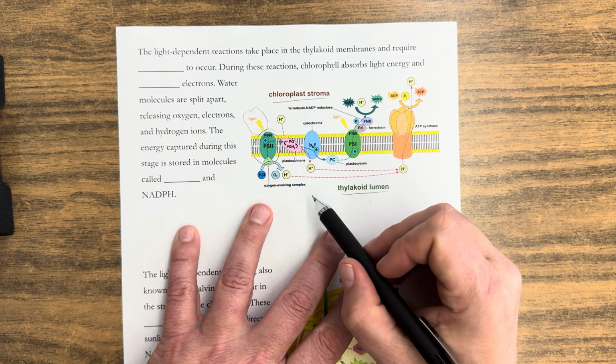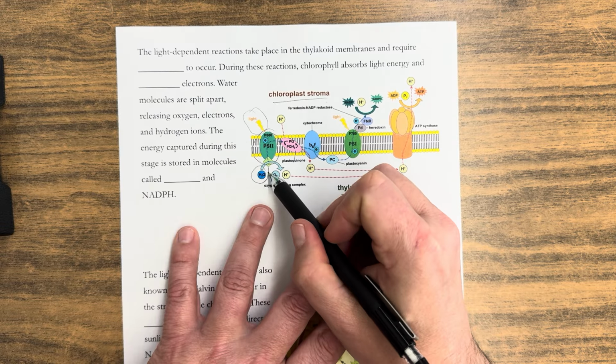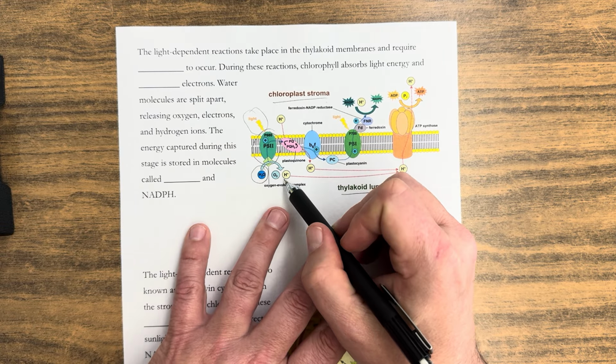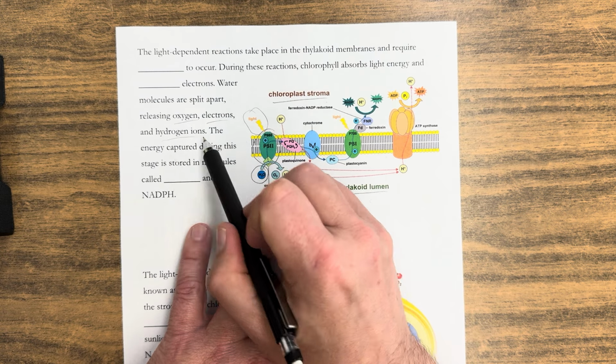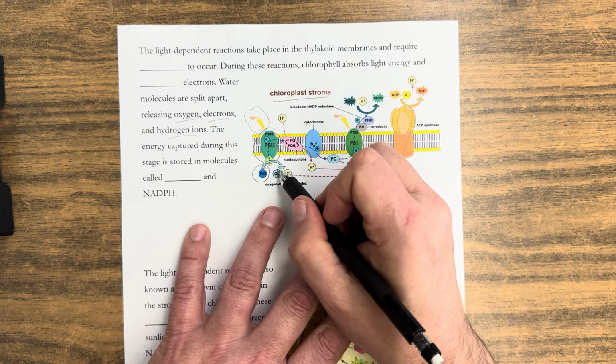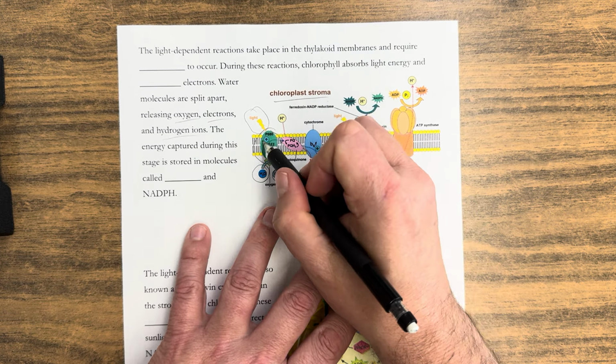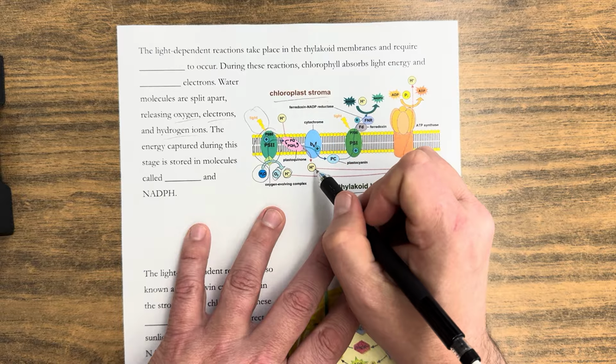Water molecules are split apart. So here's my water molecule, and it's split apart into oxygen, electrons, and hydrogen ions, H+.